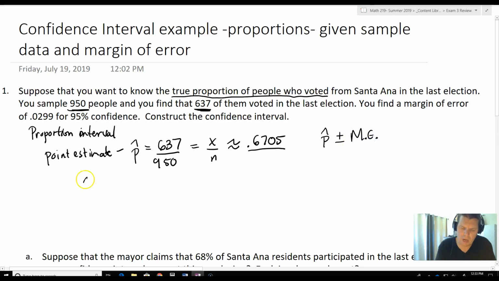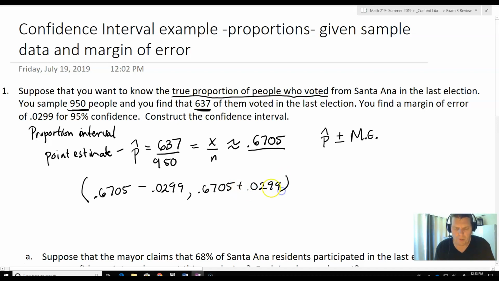Okay. So first, our lower limit is going to be 0.6705 minus 0.0299. And our upper limit is going to be 0.6705 plus 0.0299. Really important that you're going from left to right, so make sure that your lower one is on the left-hand side, and your upper one is on the right-hand side.